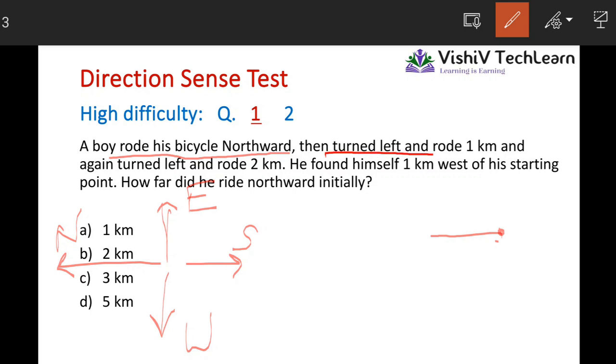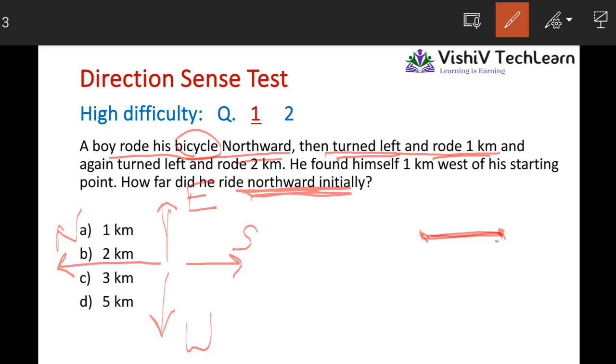Then he turned left and rode 1 kilometer. He is riding northward, but the northward distance is not given. That is how we have to calculate it. Let's assume it as this much, and at this point he takes a turn and rides 1 kilometer. Left turn he has taken.